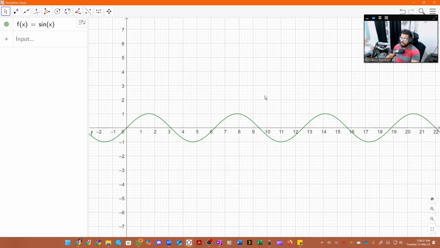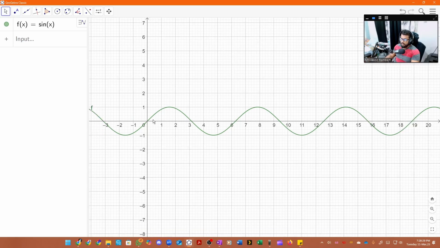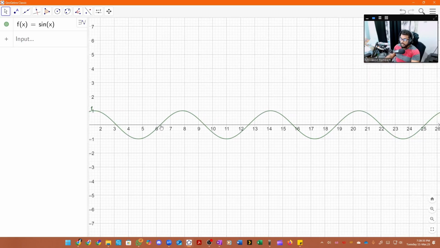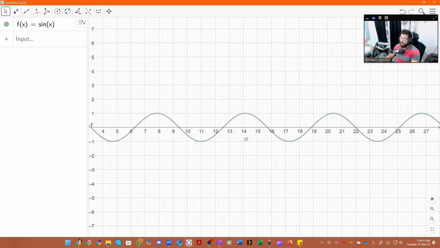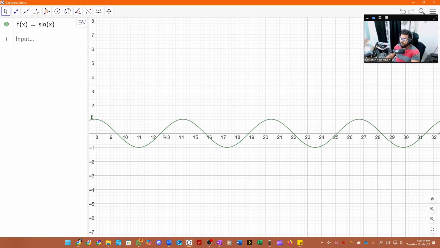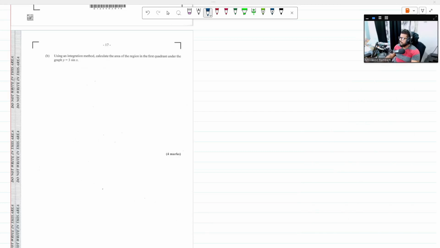So if I want the area in the first quadrant, it could be the area between 0 and pi, then it could be between 2 pi and 3 pi, then between 4 pi and 5 pi and so on. So they should have given us a little indication where they want me to stop. Nevertheless, I know what they mean. They wanted it for the first bell.